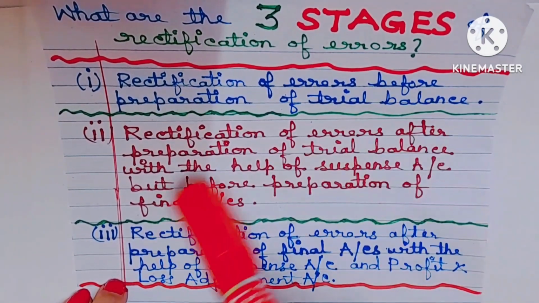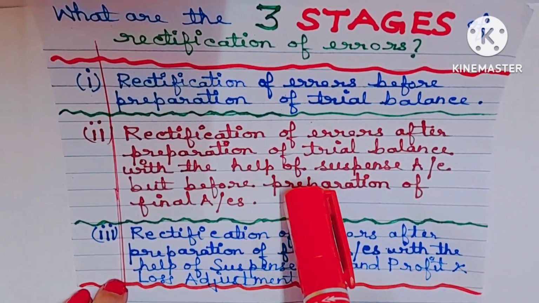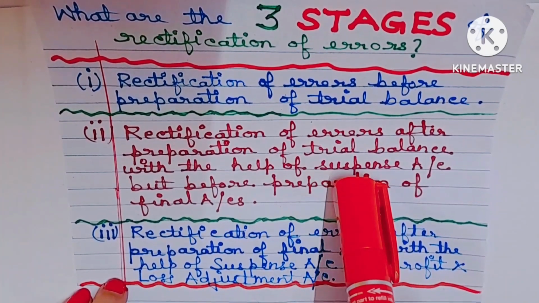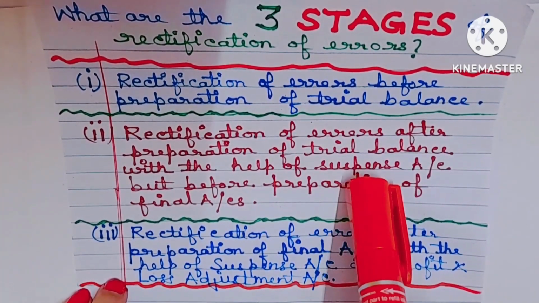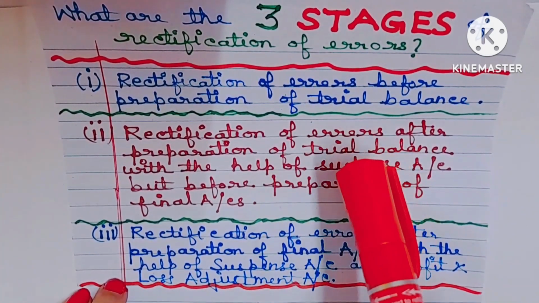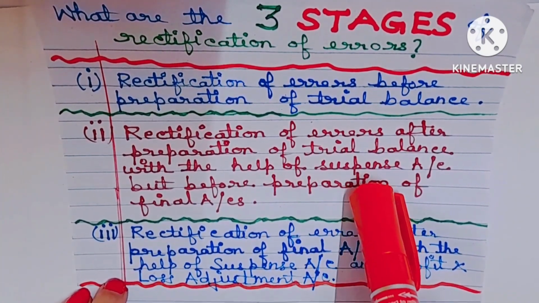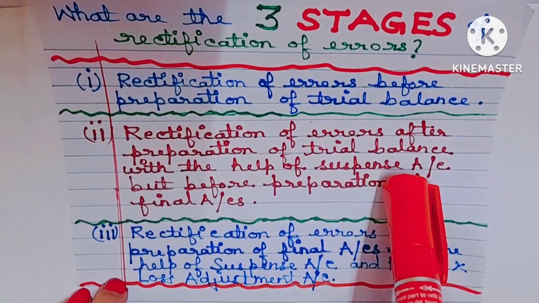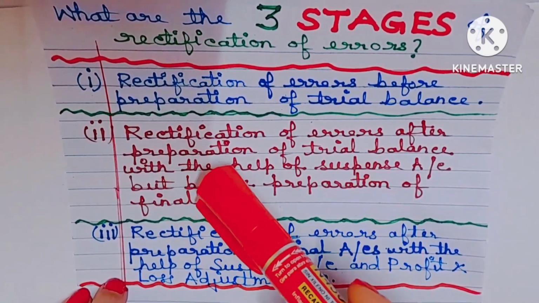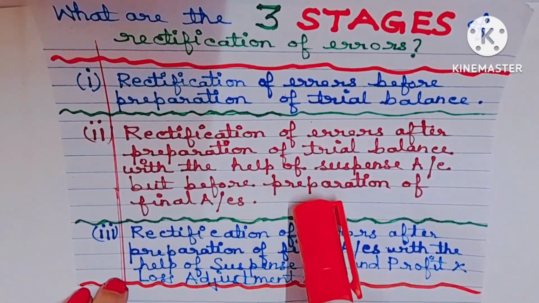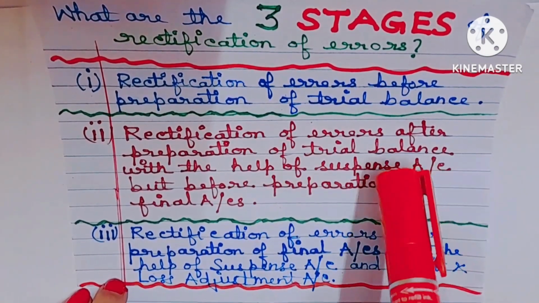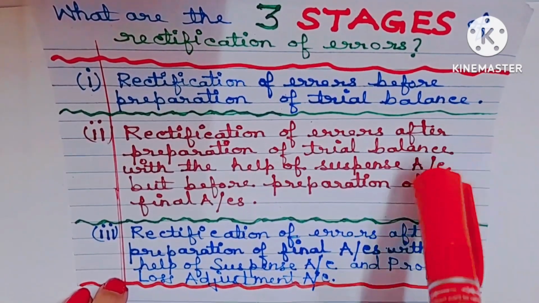Okay. Number 2, if the problem says rectify the following errors assuming that a suspense account was opened, or if the problem says rectify the following errors using suspense account, that means the problem is about the second stage. So you can pass a journal entry in case of one-sided error.